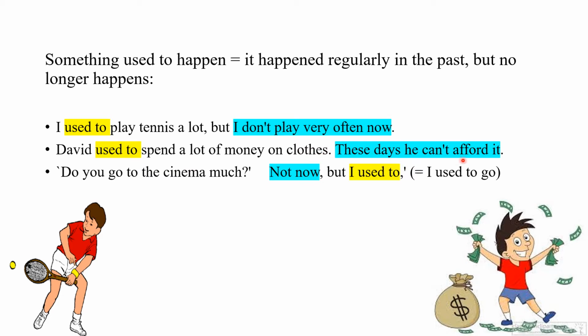These days, he can't afford it. It means that David used to spend money in the past, but in the present, he doesn't do that. Similarly, if someone asks, "Do you go to cinema much?" and the other person replies, "Not now, but I used to." It means that he used to go to the cinema in the past.